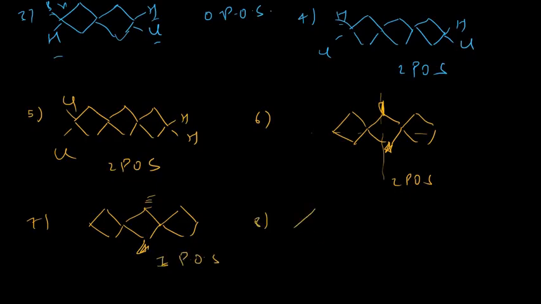Eighth, we have one POS, and that one POS is passing through this midpoint, going through the middle of the first string.